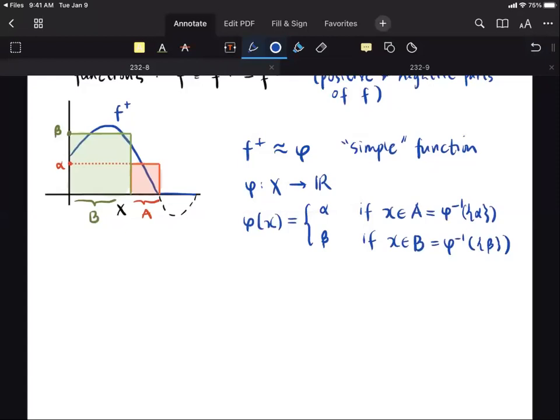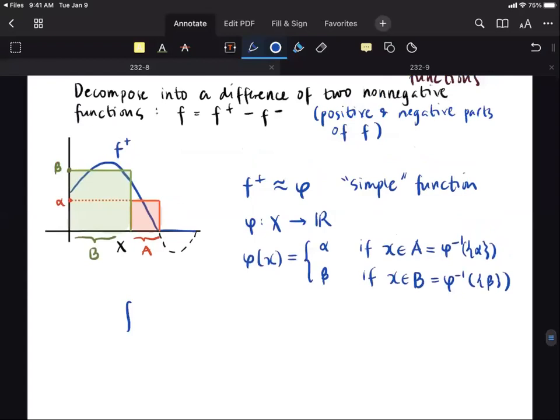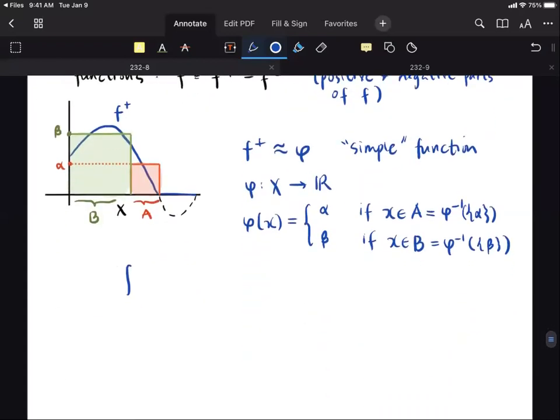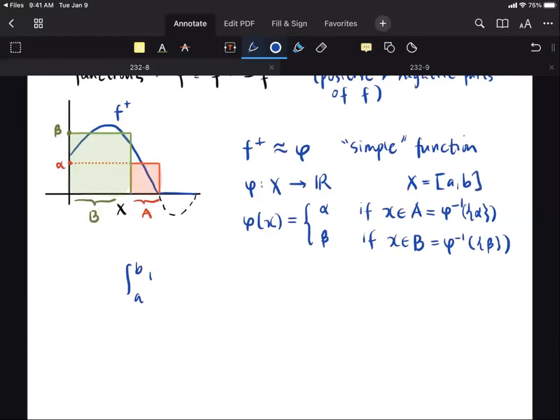So in this case, take note that your integral over AB. As I said, think of the moment x to be at the closed interval AB. The integral of your approximation can be computed straightforwardly.